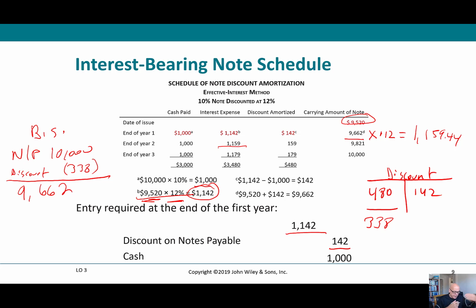The difference between that and the $1,000 that I'll pay out as cash is the amortization of the discount in year 2, which is this 159. And so on. Eventually, the carrying amount of the note will equal the $10,000. I pay the $10,000 to make that last interest payment, and I'm done.